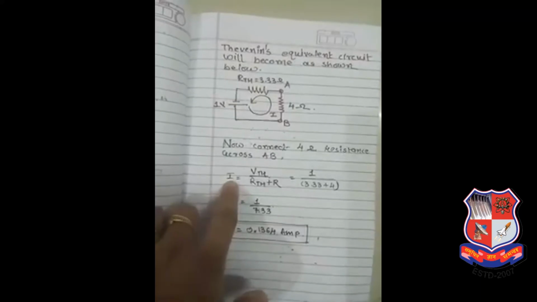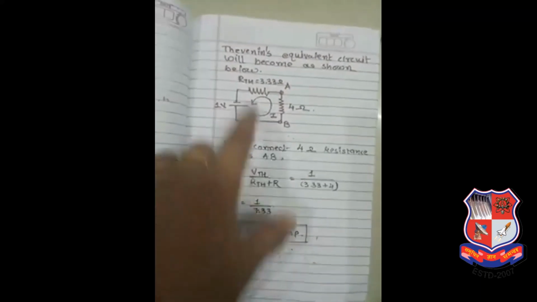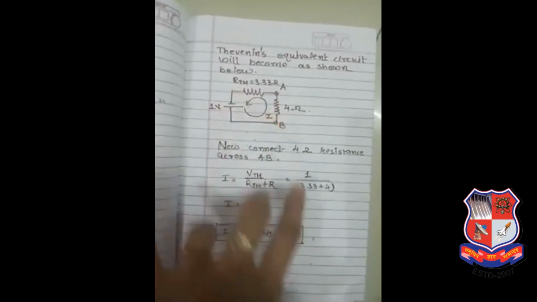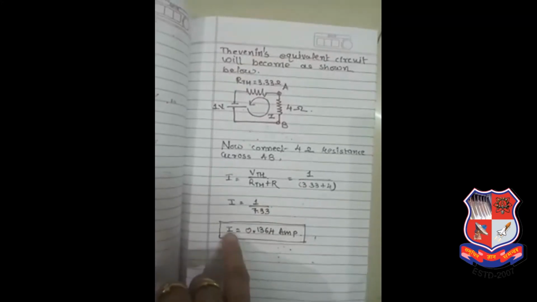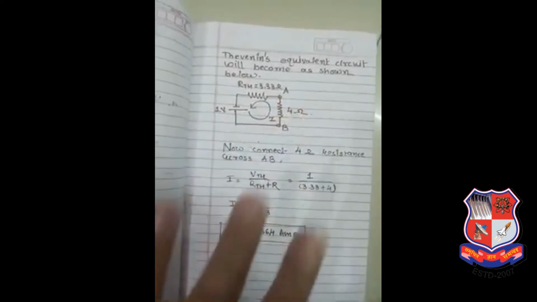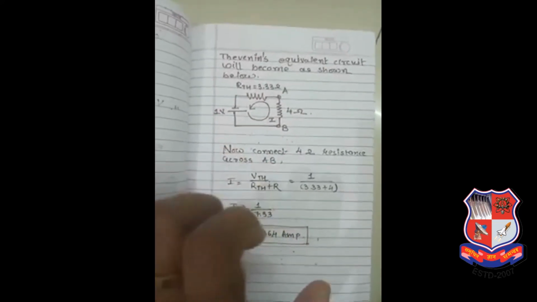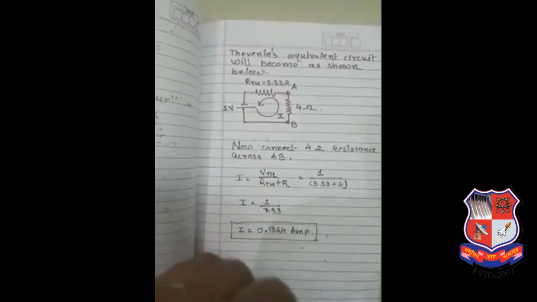So the value of I, or you can say IL, is VTH upon RTH plus 4 ohm, because both resistors are in series. So substitute the values and finally you will find out the current I flowing through the 4 ohm resistance. So this way you can apply the basics of the Thevenin theorem to find out the current from the particular element of interest.